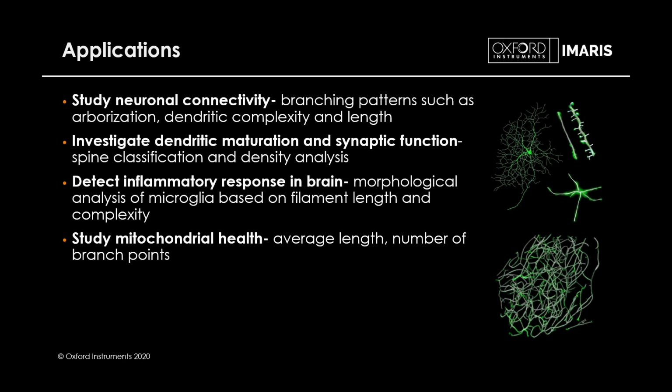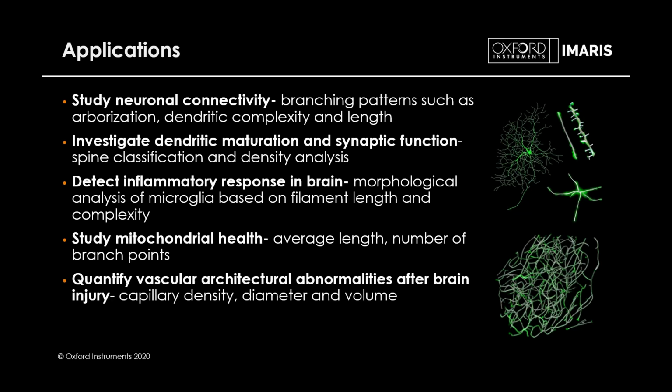Statistical parameters of interest would be the average length of the mitochondria, as well as the branching points. And finally, I will briefly mention some applications in cancer and stroke research, where scientists are generally mostly interested in the quantification of the vascular architectural abnormalities after injury, and they can study that using different statistical parameters, such as, again, diameter, volume, and the capillary density.